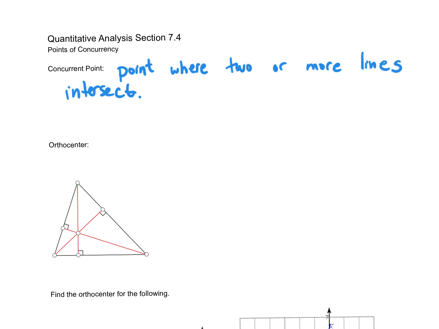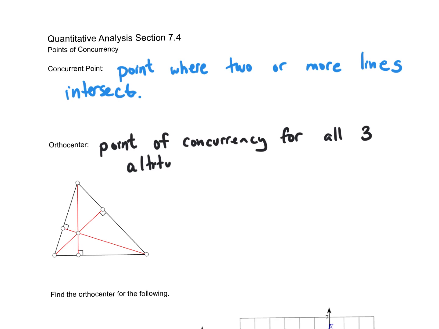Now, the orthocenter is a special point, and it is the point of concurrency for all three altitudes. If you remember, an altitude is a segment that is perpendicular to a side and goes to the other vertex.